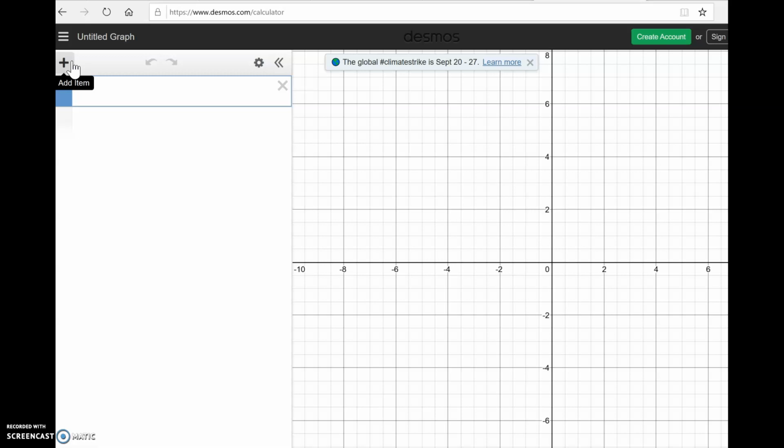So I'm going to click on the add items, and I want to add information in terms of a table. So I have x sub 1 as our independent variable and then y sub 1 as our dependent variable.